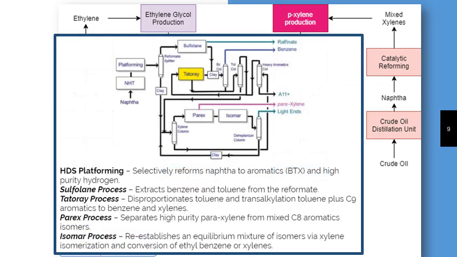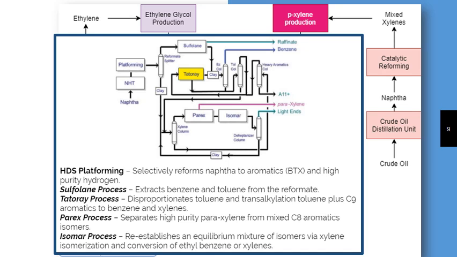In the mixed xylene process to produce paraxylene, there are various ways to produce xylene. It is called HDS platforming, which selectively reforms naphtha to aromatic BTX and high purity hydrogen.